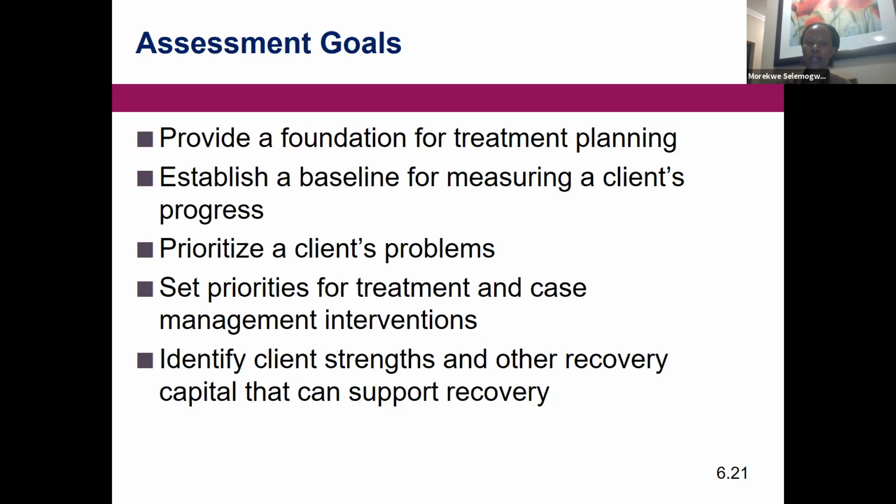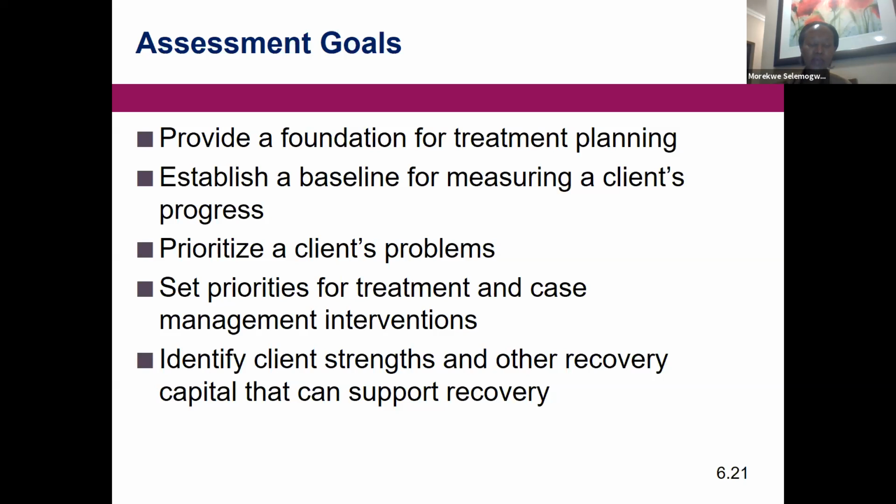Assessment also helps us to prioritize a client's problems. With assessment, as you will see in the next slides, we gather information holistically, not just SUD, as we have discussed the past 2 days about the fact that our clients have different assets in different domains.